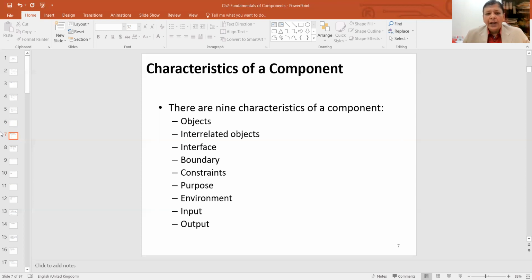Secondly, interrelated objects. Objects are integrated with each other so they can have interoperability. They intercommunicate with each other. They work as part of that system. There are different parts and they work together so the component can perform its functionality like a human being. If the heart is not working, or liver, kidney, or brain is not working, he cannot perform his functionality. Same like a car.